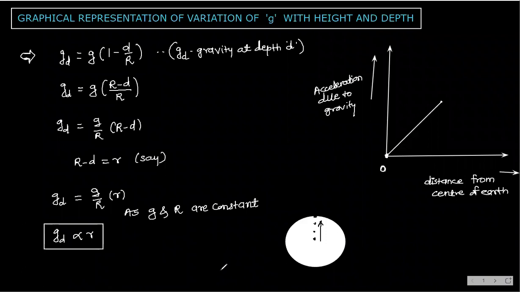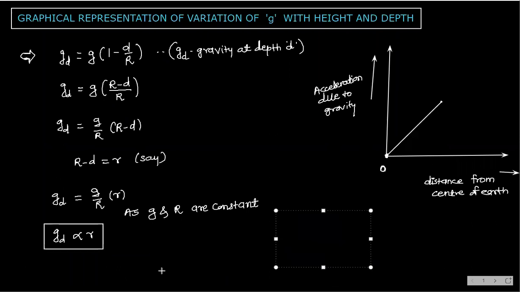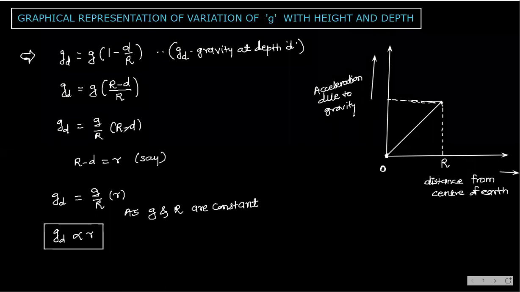And that's why I have drawn the graph like this. And at this point you are having maximum gravity. What is that point? The surface of the earth. So here small r is equal to capital R, which means d is equal to 0.